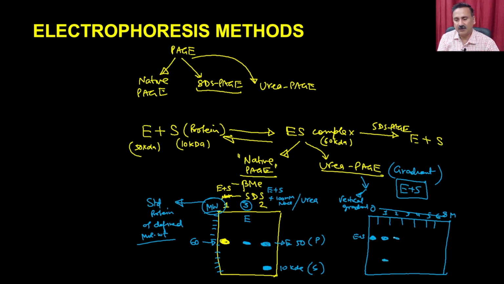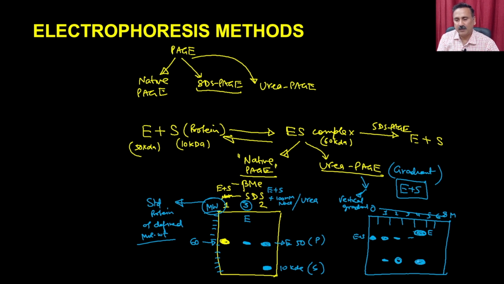You will see that this is decreasing and this is increasing, because more and more substrate is coming out from the protein, and that's how it is going to appear in this space. Ultimately, you're going to see that this particular band disappears and a new band appears, because this is the new band for the enzyme alone, and you are going to see a very high quantity of substrate.